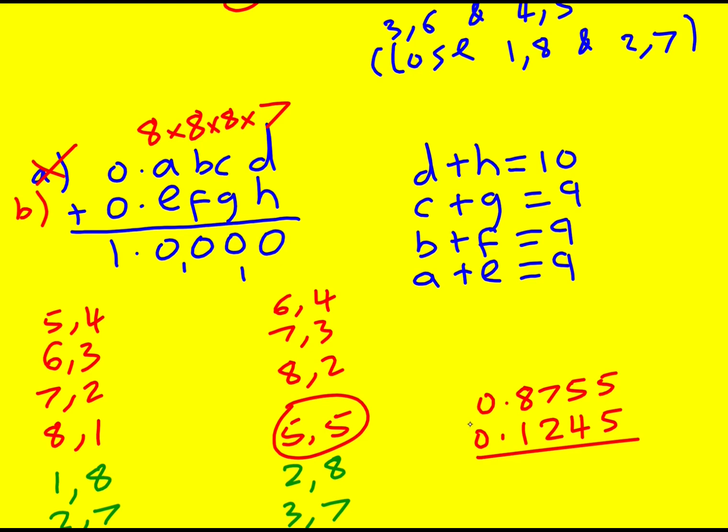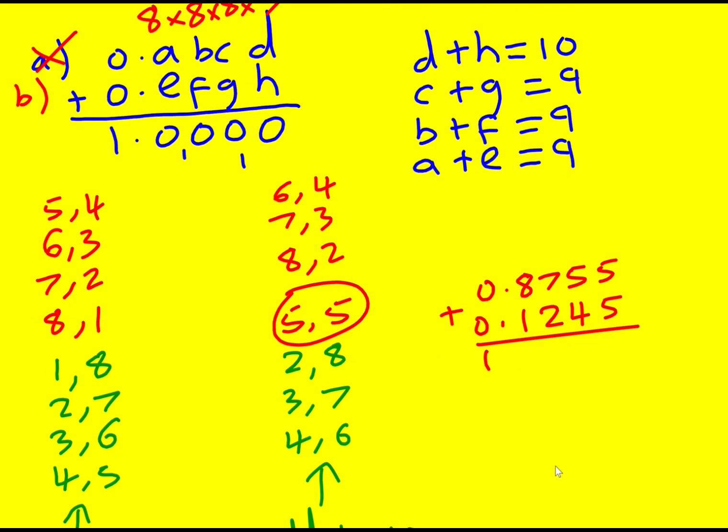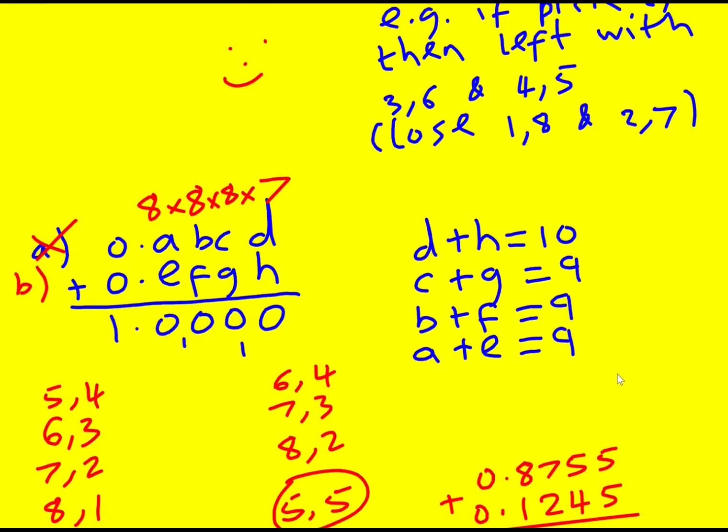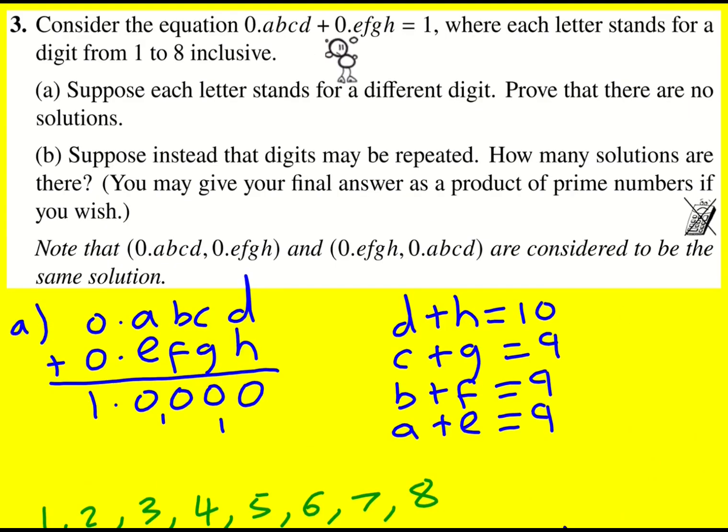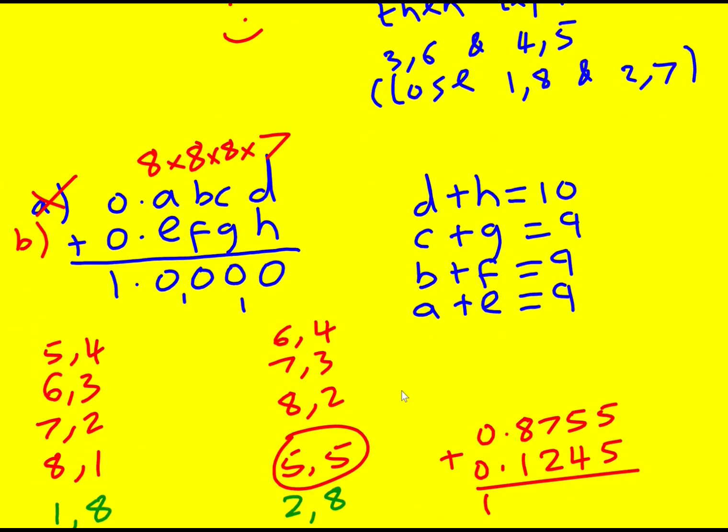Okay, that would give us an answer of 1. Then at the moment, I've also counted the solution 0.1245 plus 0.8755 as something different. And actually, if we look at it, it says how many solutions are there? Well, that's not going to count as a separate solution.